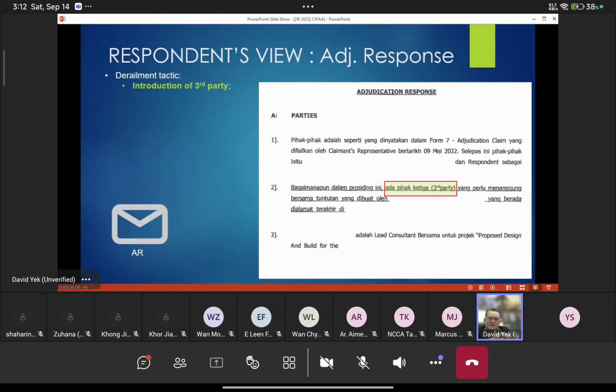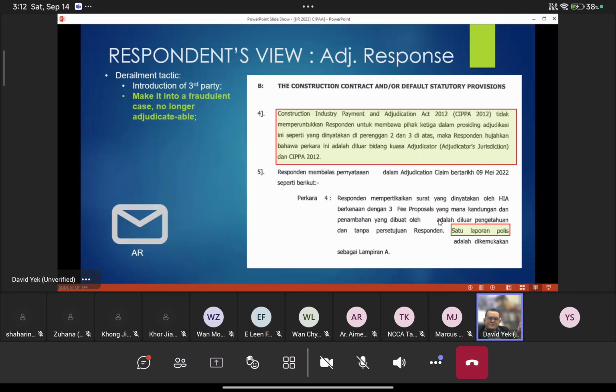Therefore, the adjudicator cannot preside over this matter. Because if it's tri-party, there must be three persons. But now there's only claimant and respondent. There's no third person. So the adjudicator cannot adjudicate this matter. It's quite a good defense mechanism.